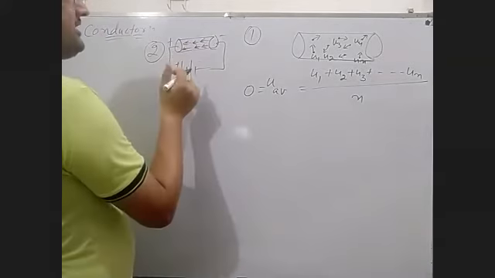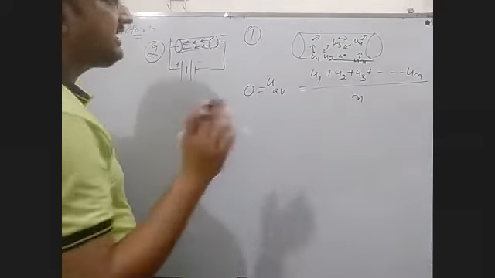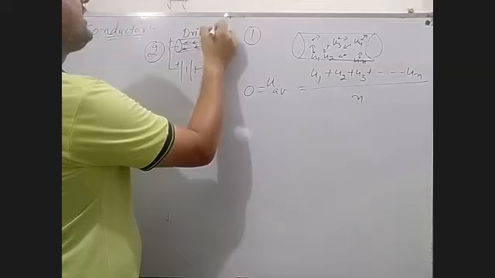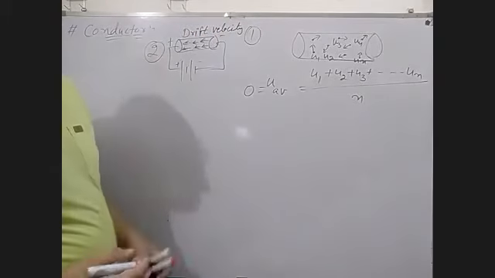Now this velocity of electron is not thermal velocity. In this, the velocity of electron is drift velocity, because they are drifting towards the positive end.